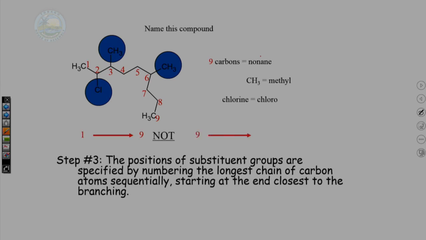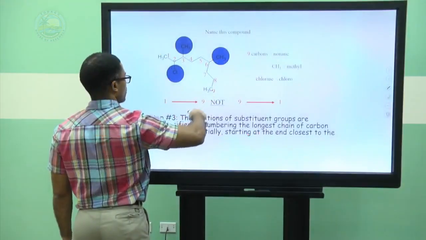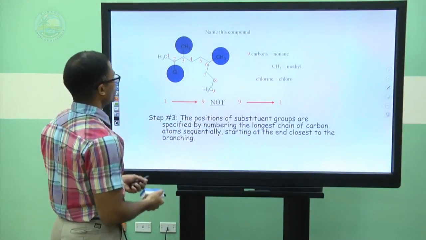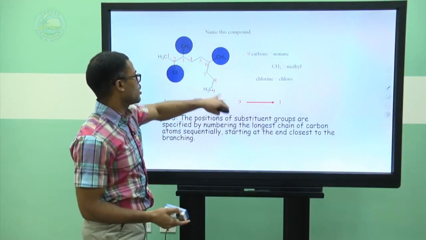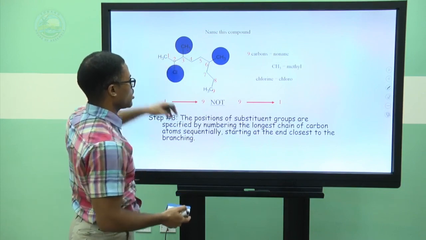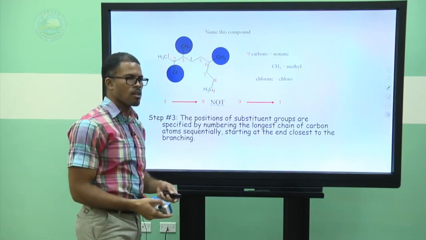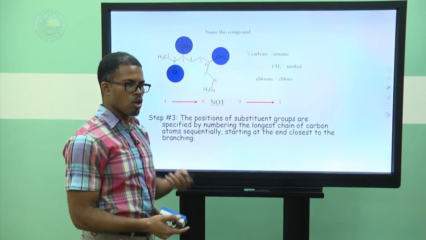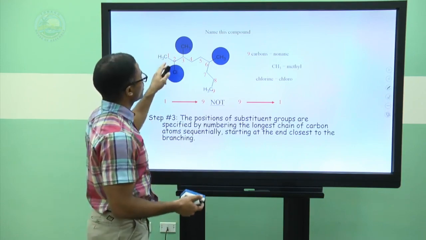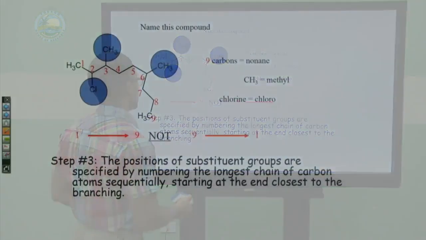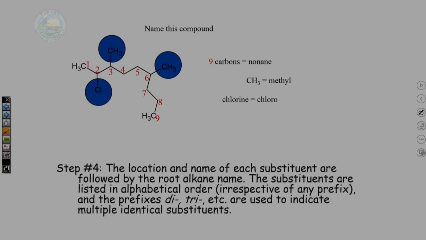So you could have gone this way, 1, 2, 3, 4, 5, 6, 7, 8, 9, or we could have gone the other way. We prefer to go this way and not the other, because the other does not give us the lowest possible numbers. So we're going to keep the direction that we have going here.